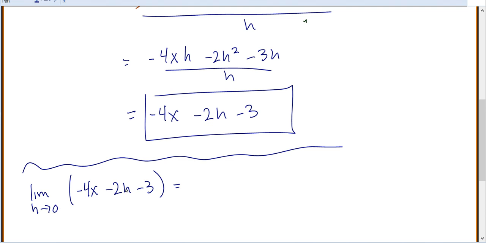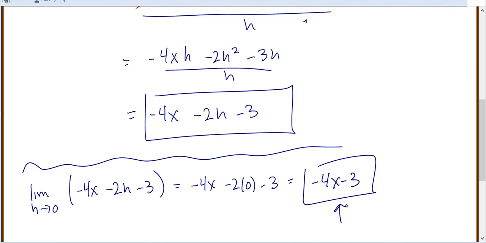So put 0 in for this h, so we'd have negative 4x minus 2 times 0 minus 3, which gives me negative 4x minus 3. And it turns out that this is the derivative. This is f prime of x equals negative 4x minus 3.